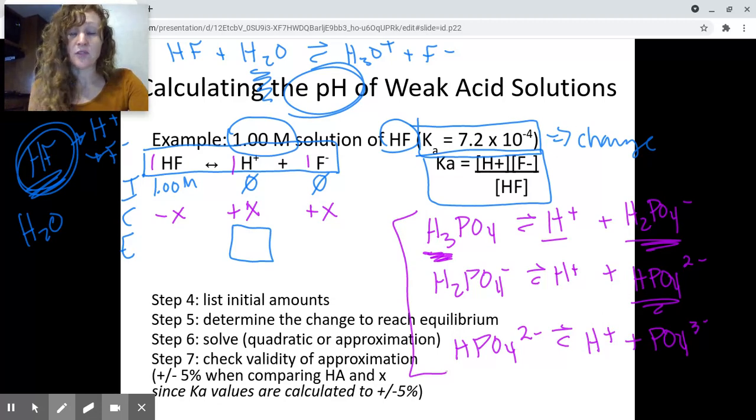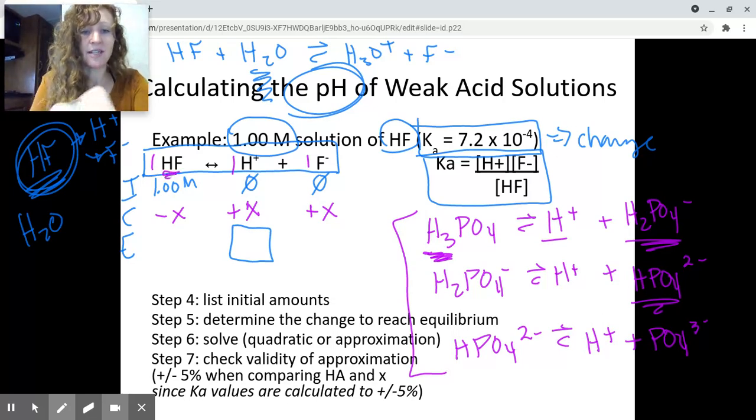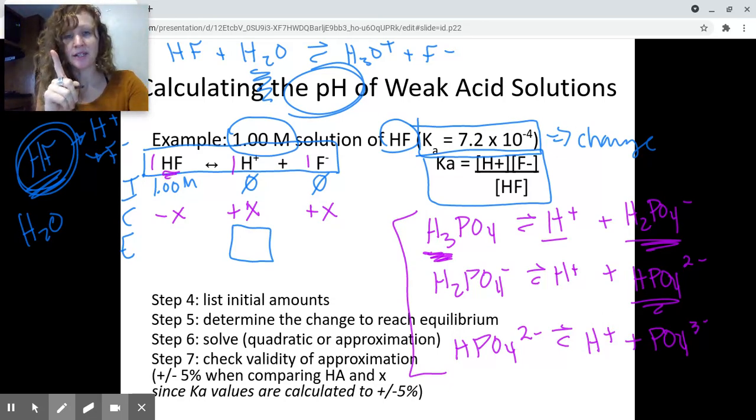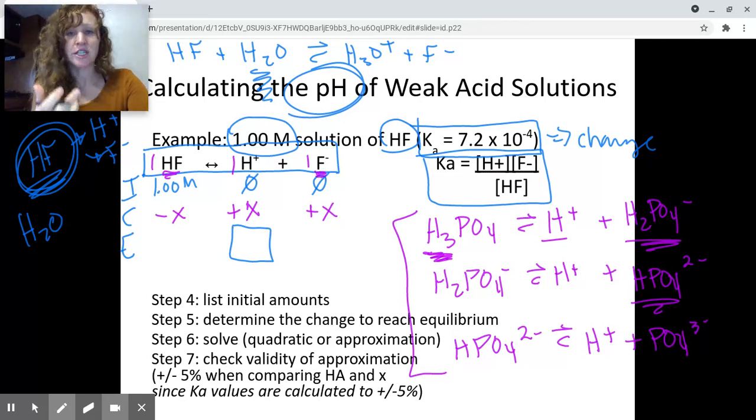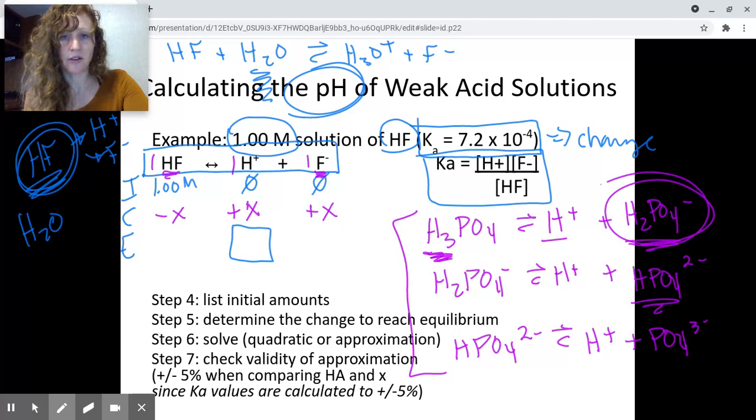Now, phosphoric acid is a polyprotic acid. It's specifically a triprotic acid, whereas HF is not polyprotic. It has 1 acidic hydrogen. It can donate one hydrogen, and then it's done, right? The anion that's left has no hydrogens left to give. It can't act like an acid. Well, that's not true for phosphoric acid.